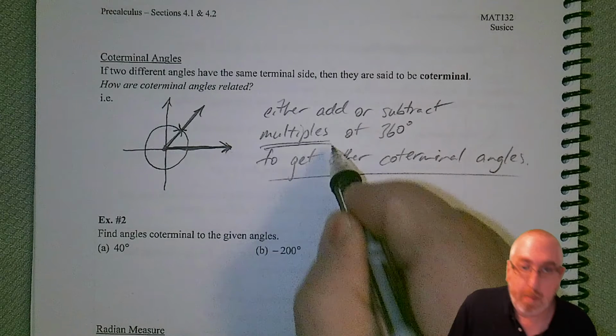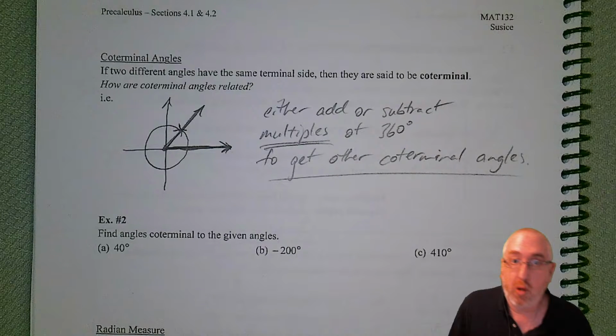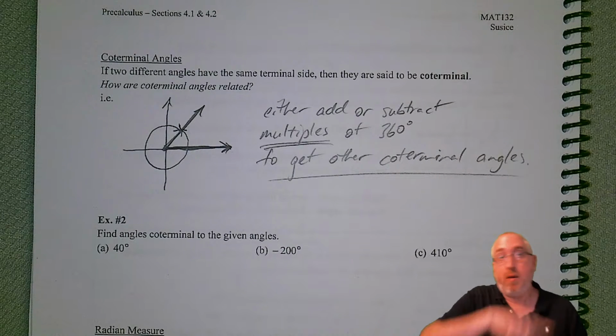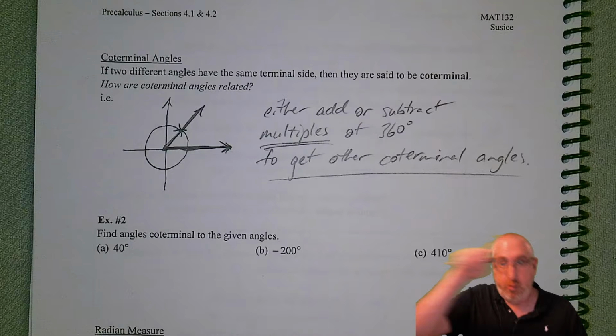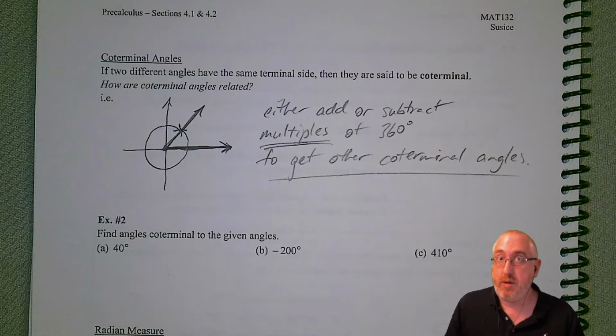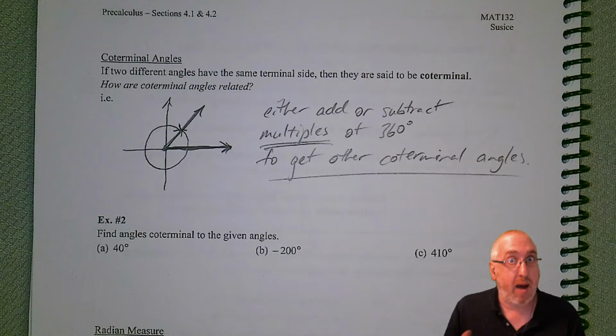So again, multiples. We could go just 360 degrees, but we might be able to do a whole loop around of it. So you can do multiples of 360 and get even more coterminal angles. So whatever you have to do to answer the question.